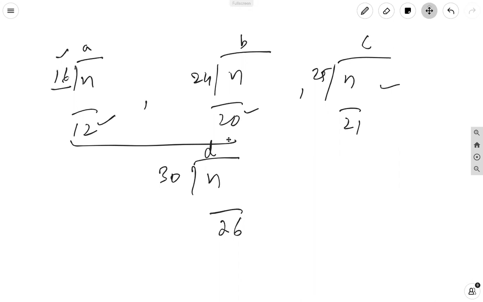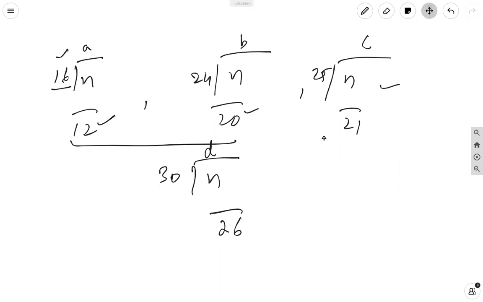Here in both the first and second cases we have got even. Likewise, in the fourth case we have 30d plus 26, which is also even. In the third case we have 25c plus 21, and here it is odd. Can you solve it in this scenario like this?